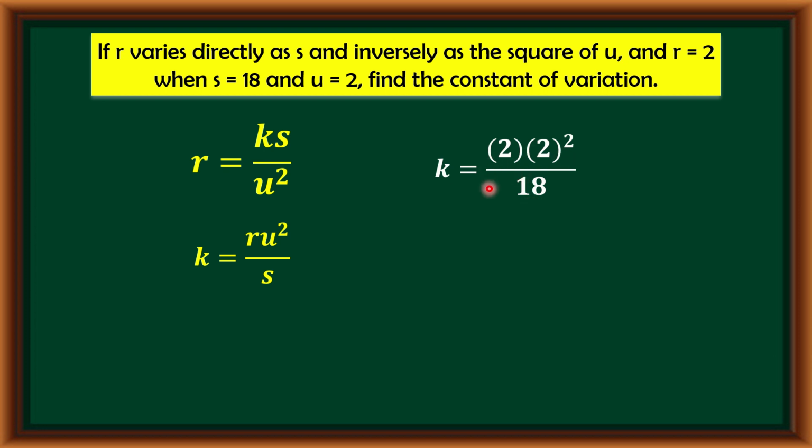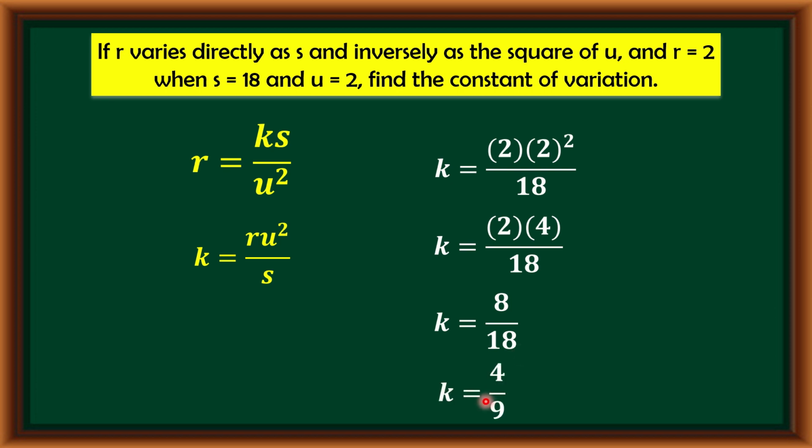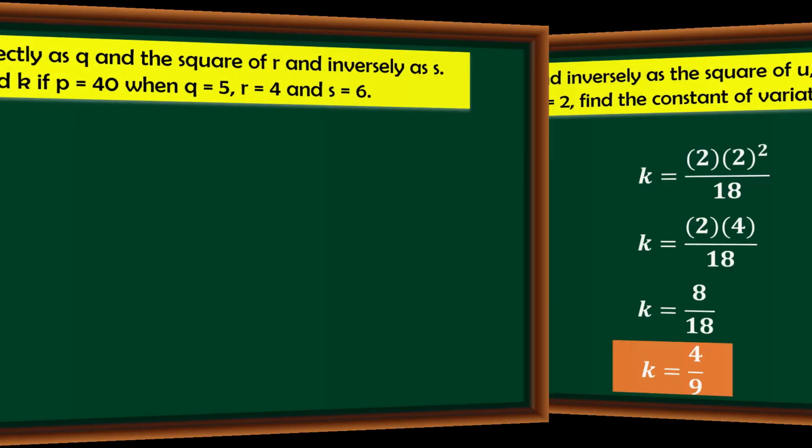Therefore, simplifying the numerator, we have 2 times 4 over 18, and 2 times 4 is equal to 8 over 18. And 8 over 18 can be put in its simplest form by dividing both numerator and denominator by 2. Therefore, k is equal to 4 over 9. And that is the constant of this statement, which is the same as the other one. So you may use the equation alone, or you may use the equation for getting the constant or value of k.